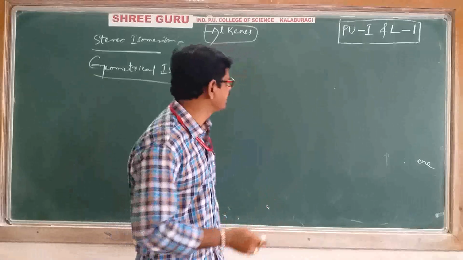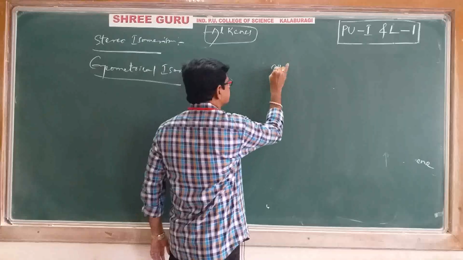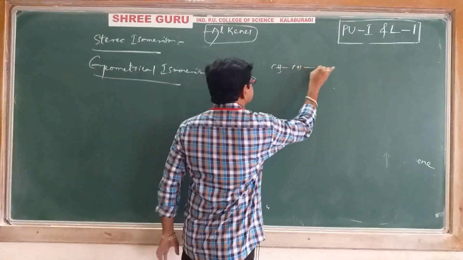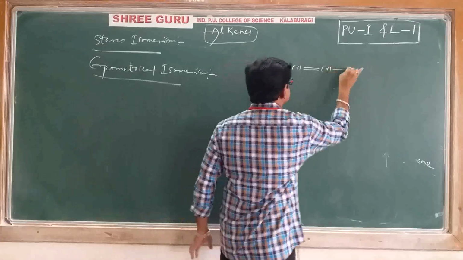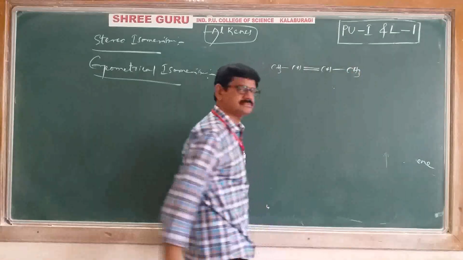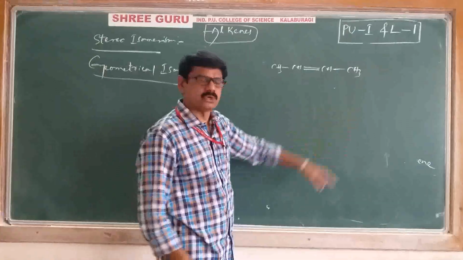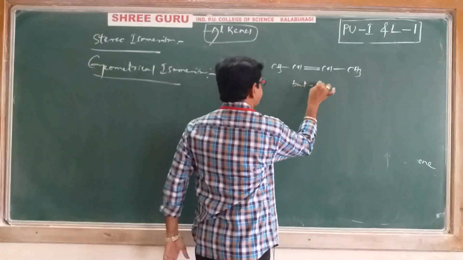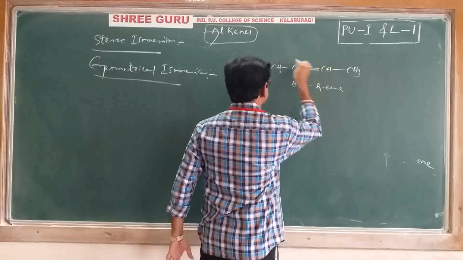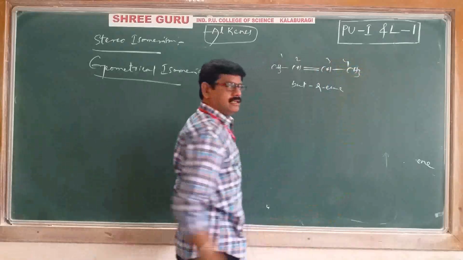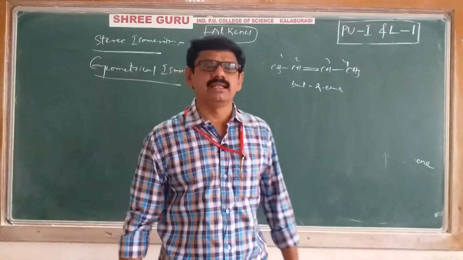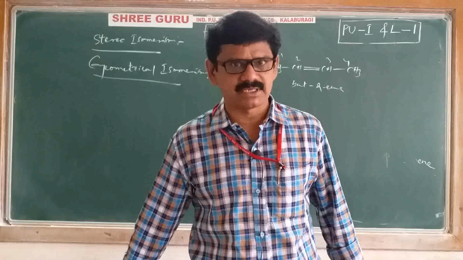For that purpose, I'll give you one suitable example, that is CH3, CH double bond CH, CH3. Its IUPAC name is 1, 2, 3, 4, but-2-ene. We'll take but-2-ene and we'll discuss geometrical isomerism.